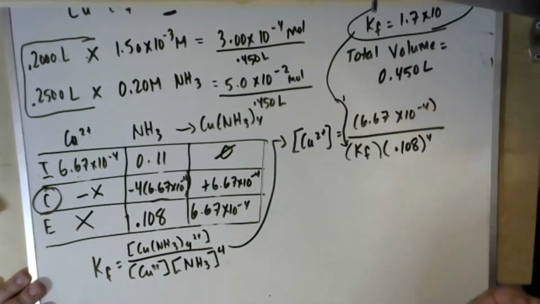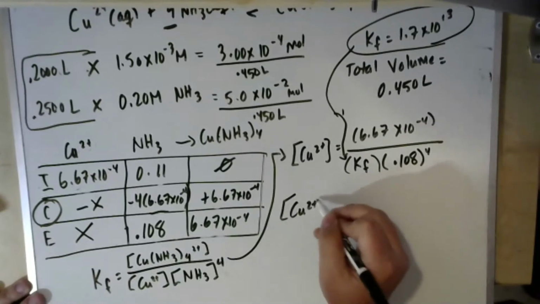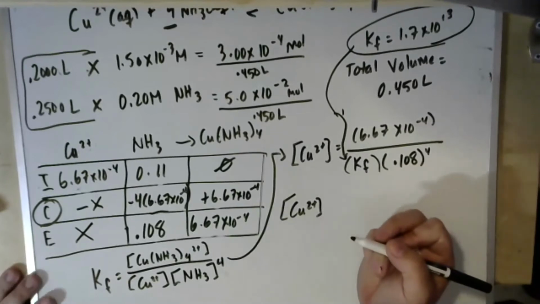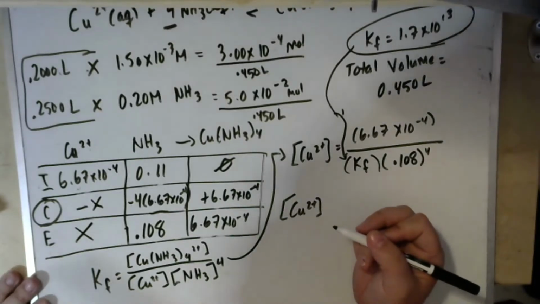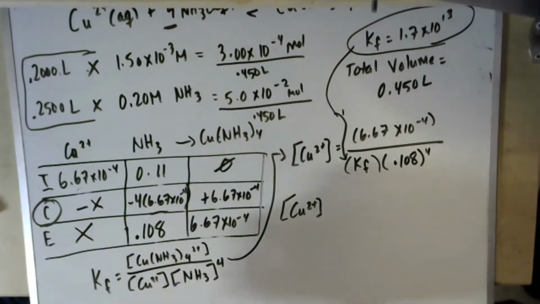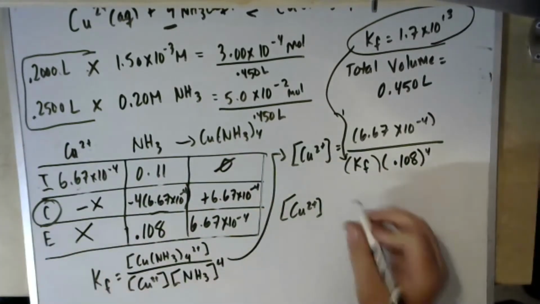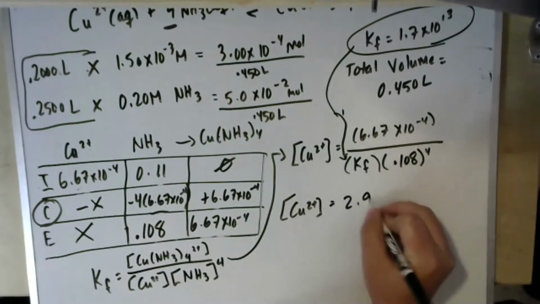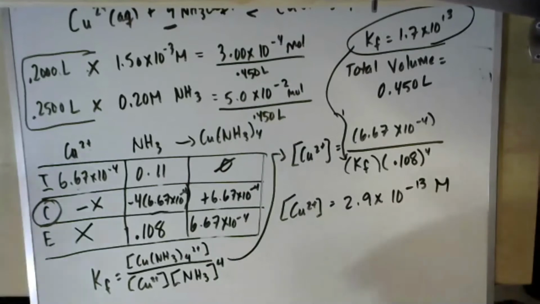Just plug it in. So at equilibrium, our copper concentration is going to be, excuse me, it's going to be 2.9 times 10 to the negative 13 molar.